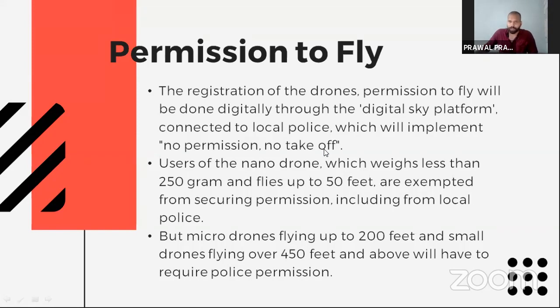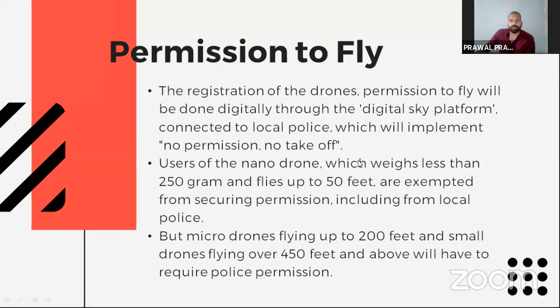Okay. For nano drones, permission is not required until you are flying to a height of 50 feet. If you are flying a nano drone more than 50 feet, then you need permission. The same goes for micro drones: if you are flying more than 200 feet, you need permission. For small drones, more than 450 feet, you need permission. Okay, so you need to take permission in these cases.